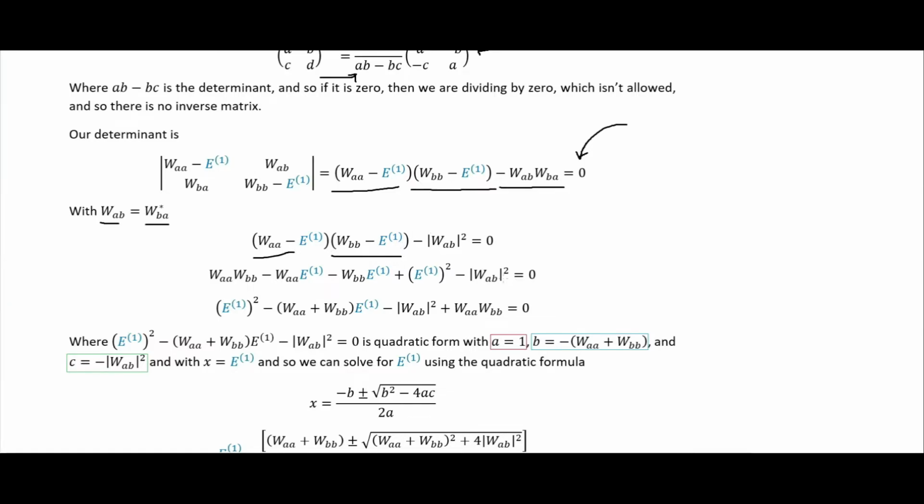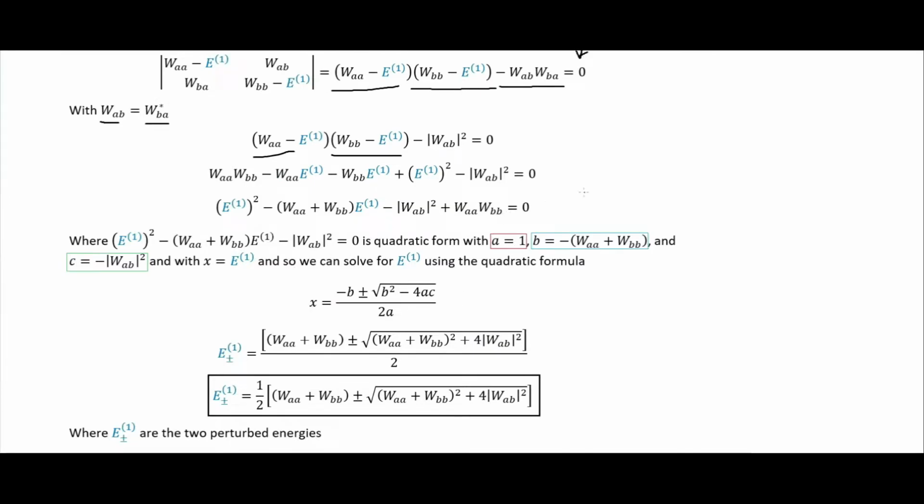When we go through that, we end up getting this right here, which is in the form of a second order polynomial. A is equal to 1 because there's an implied 1 right there. Our B is equal to minus W sub AA plus W sub BB, and our C is equal to this minus W sub AB squared. We're assuming real values, so the complex conjugate should just be equal to W sub AB, and we can use W sub AB squared there.